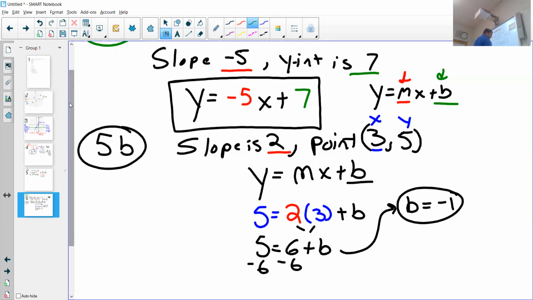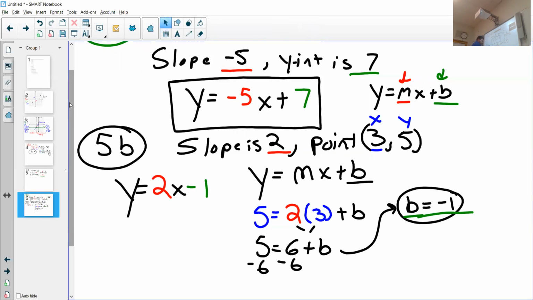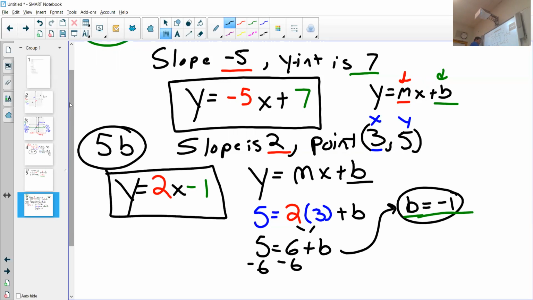My y-intercept is -1 over here. I can write my final equation. y equals 2x minus 1. It's a -1, so I'm going to write -1. My final answer is y equals 2x minus 1.